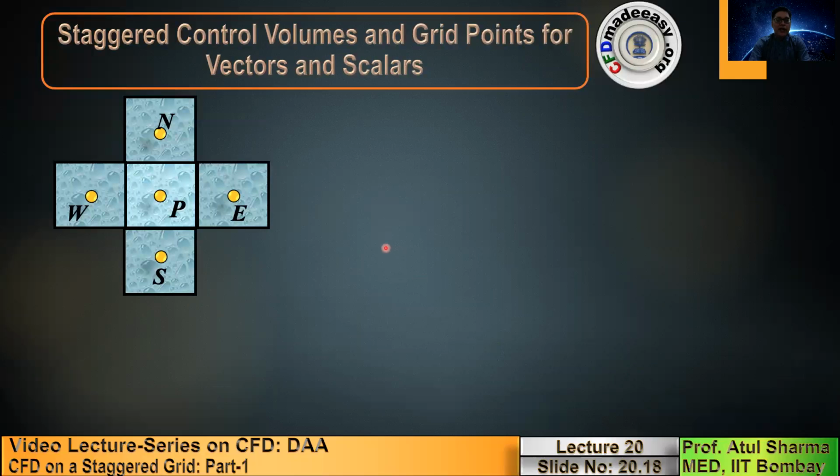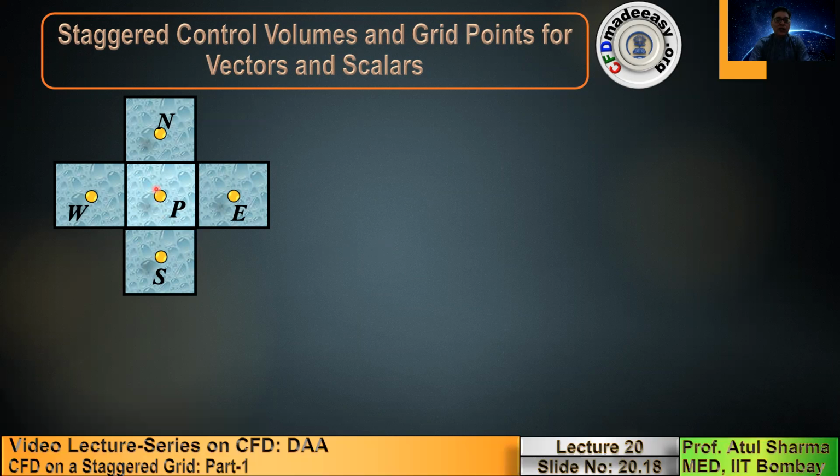In a staggered grid, the idea that was proposed is that let us not use the same grid point, or same pixel, or same control volume for the mass conservation, momentum conservation, and energy conservation. Let us use differently located pixels for pressure, velocities, and temperature.